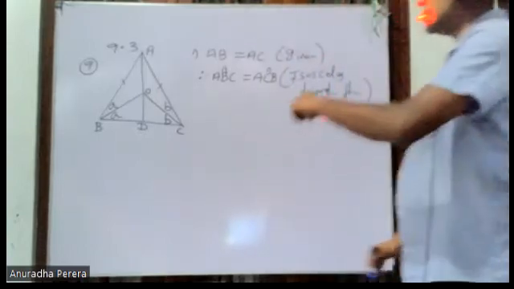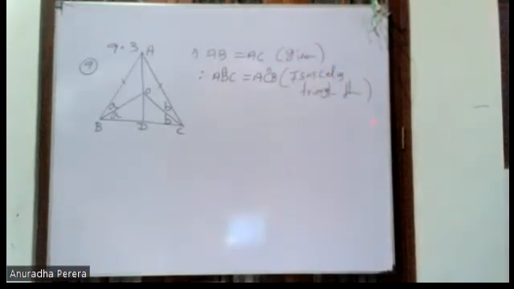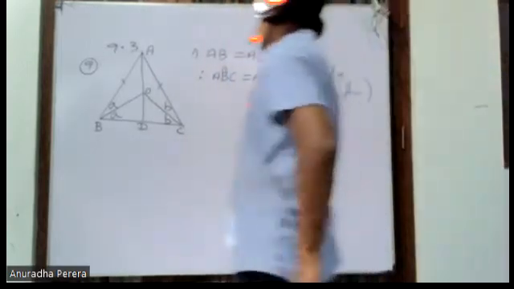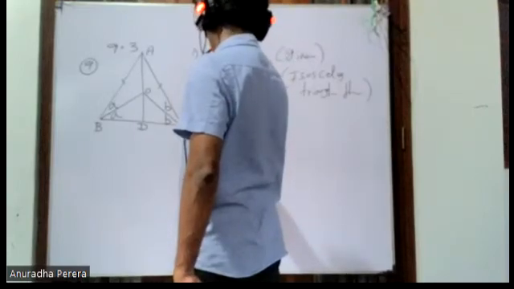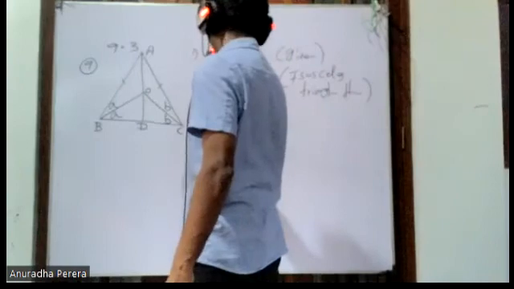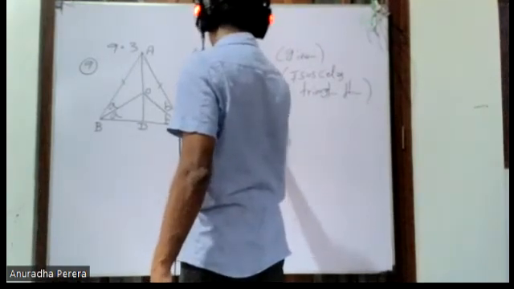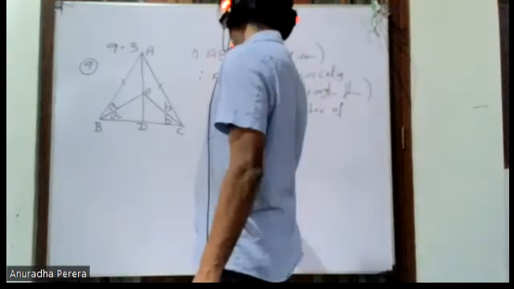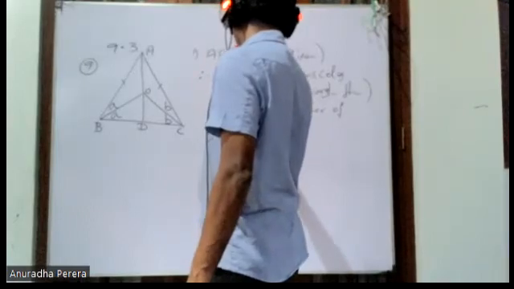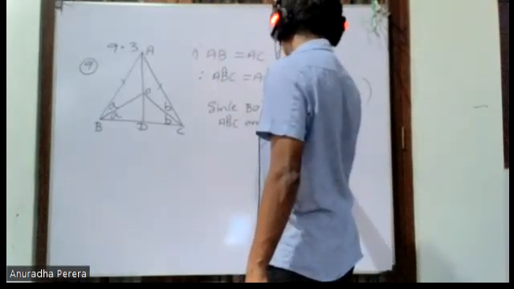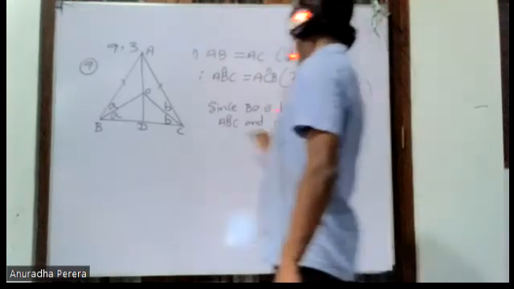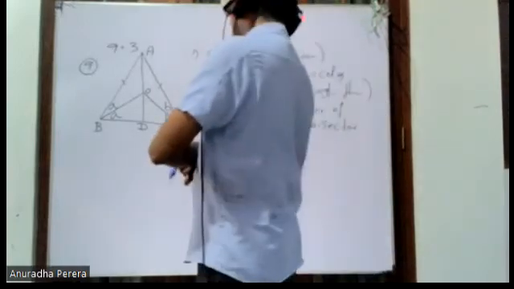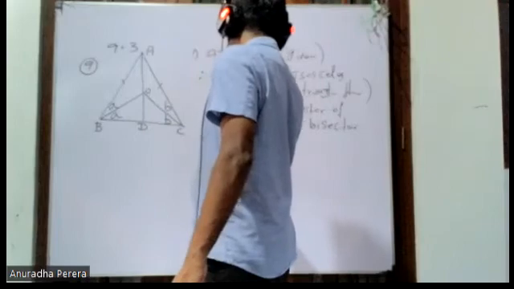And we know, since BO is the bisector of ABC and CO is the bisector of ACB, you can write OBD equals OCD.